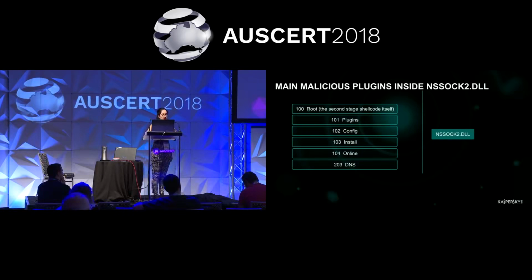There was another plugin, the online plugin, which takes care of connecting to the C2 server and getting commands that are meant for different plugins and dispatches the commands to the plugins. And then the DNS plugin, which communicates with the server on the DNS protocol.